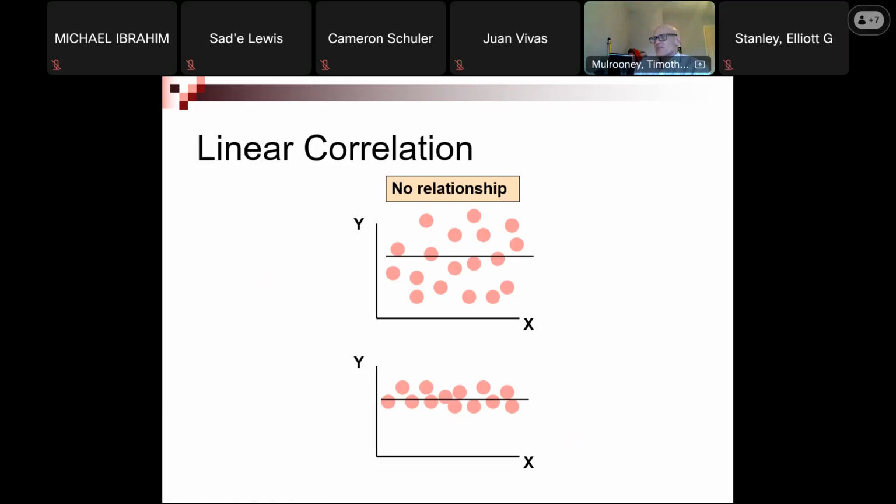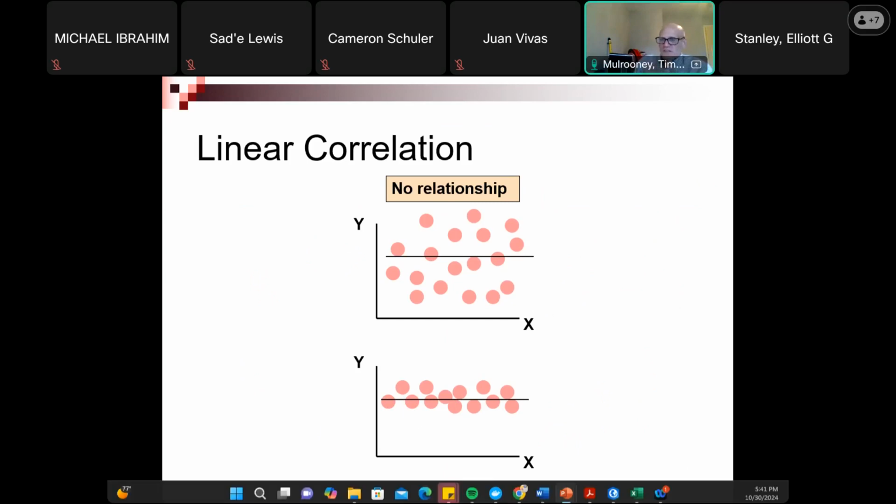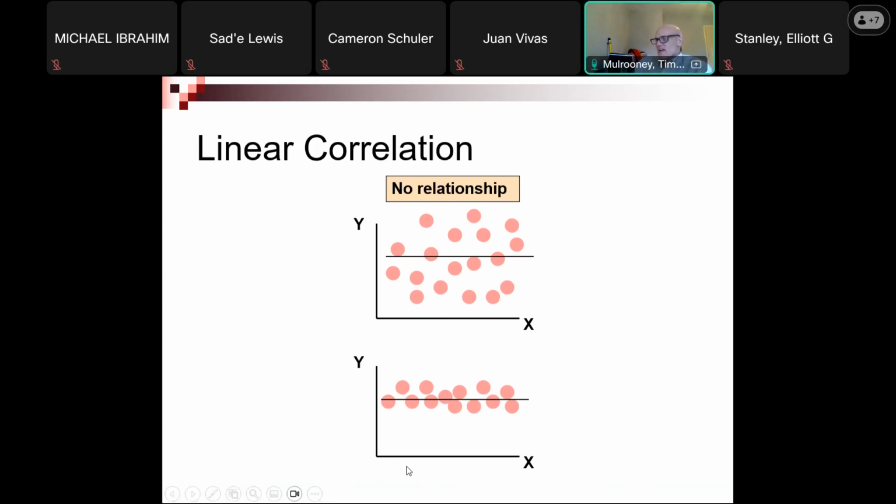Very good. So what does that mean? Is there a relationship? Is it positive or negative? It's neither. None of the above. Exactly. Good. So there is no relationship. And the thing about that is basically as x increases, nothing happens to y.